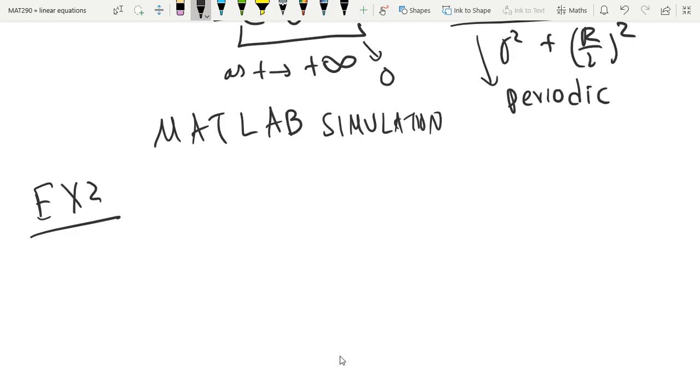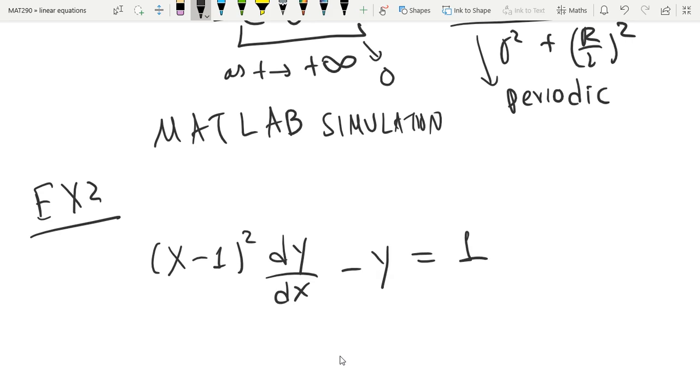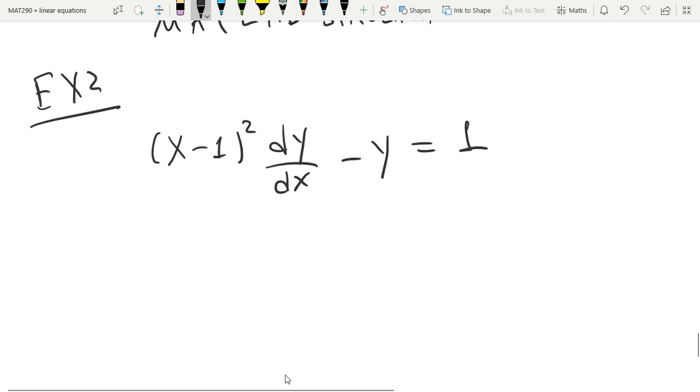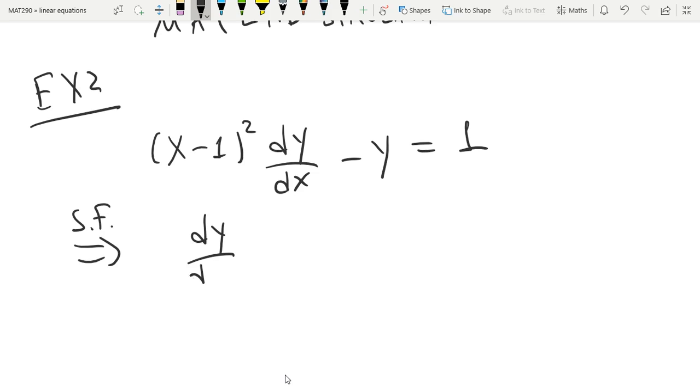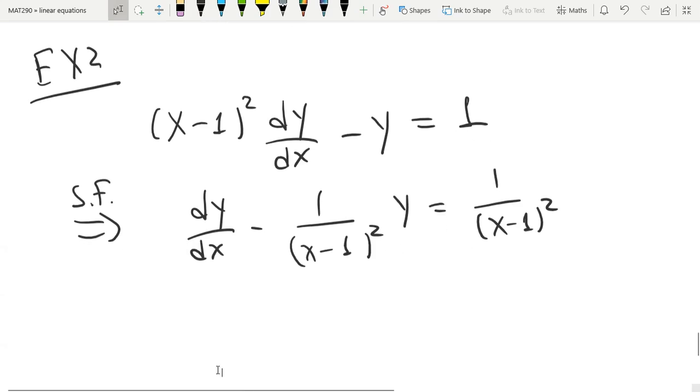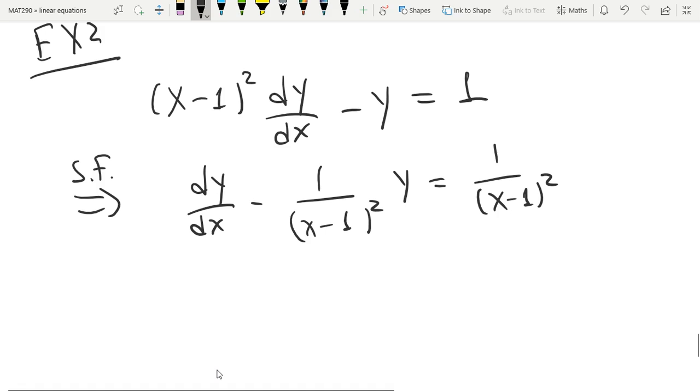So consider the following homogeneous ODE. Now, first, always you bring it into standard form. So dy/dx. And so right away you see that there's something happening at 1.